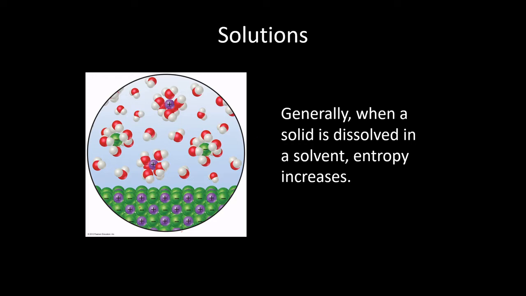The first one is that you have a solid, this stuff down here, in a very crystalline state. In this particular example, we are dissolving sodium chloride in water. The sodium ions and chloride ions dissolve into the water and leave this very ordered, crystalline state.